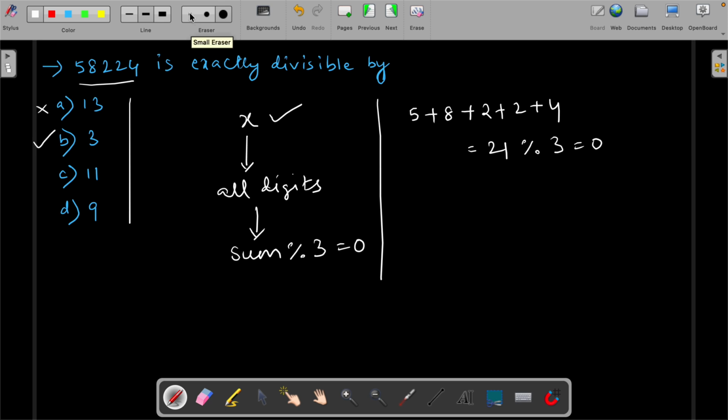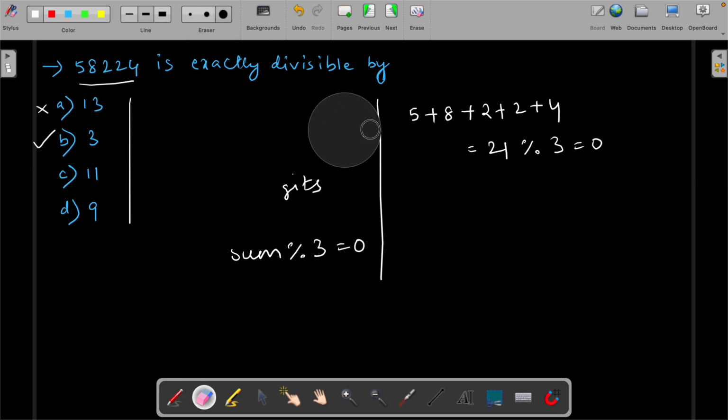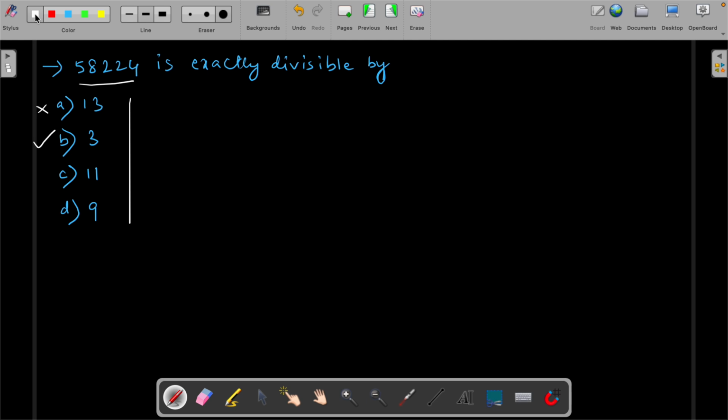Now let us see if the given number is divisible by 11 or not. When do we say that a number x is divisible by 11? First take out all the digits that are present in the odd places and find out their sum.